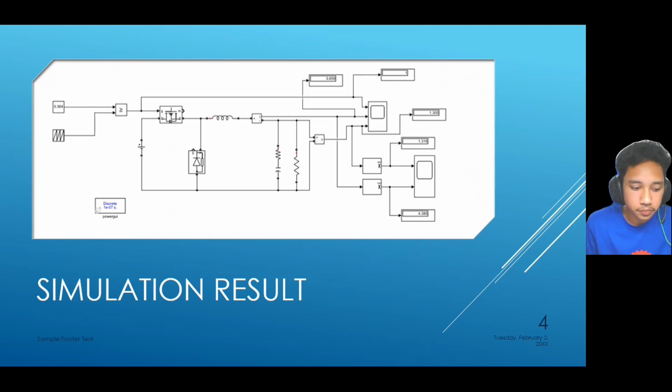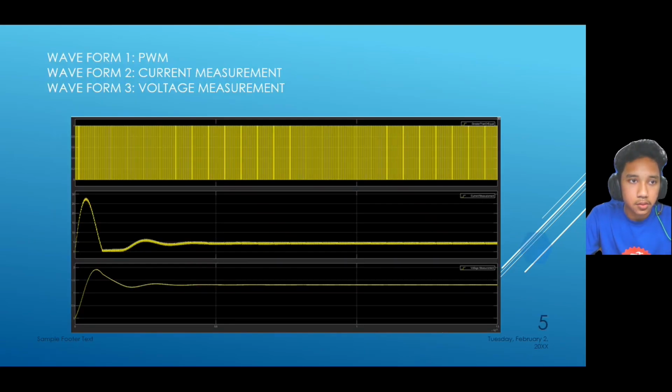After we simulate this circuit, as you can see, the output voltage is 1.305 volt and output current is 3.659 ampere. The average value for voltage is 1.316 volt and the average value for current is 4.385 ampere.